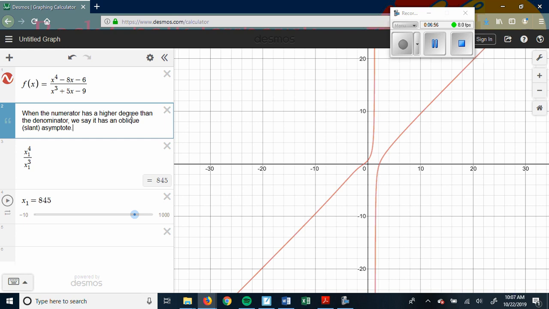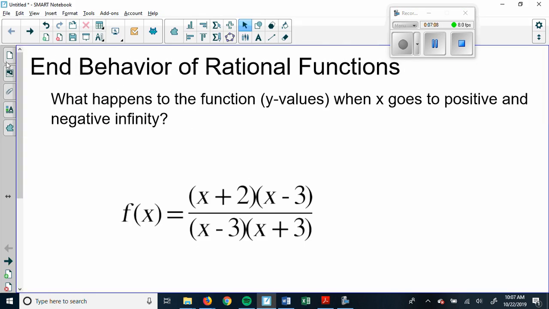We'll talk in class about how to calculate that. I'm not going to show that to you here, but we'll do that in class for a couple of examples. So that's a little bit on end behavior of rational functions. Remember, that's what happens to the functions when x goes to positive and negative infinity.